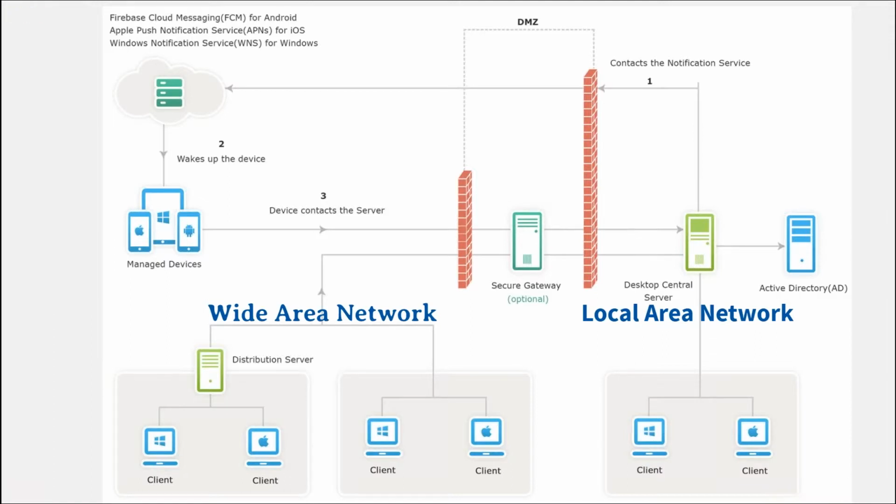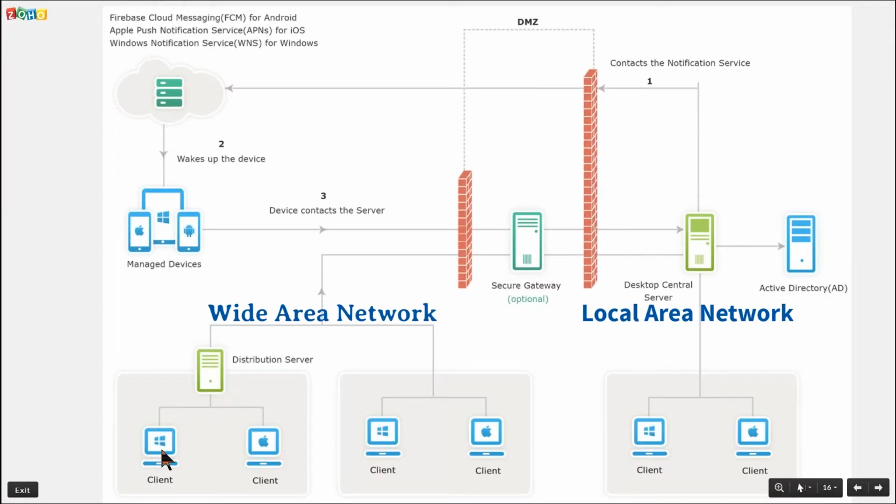Likewise, when the machines are in WAN, you can group them as remote offices. And for the remote offices, you can have a distribution server allocated. So what is a distribution server? For example, if you are managing more than 10 machines in a remote site, and if you have concerns about bandwidth in that specific remote site, you can use this distribution server.